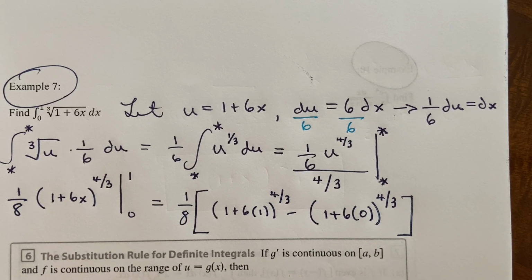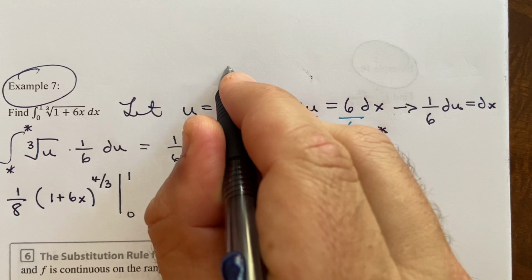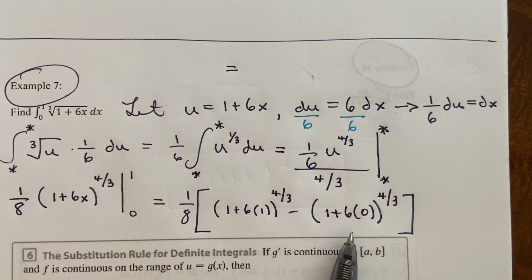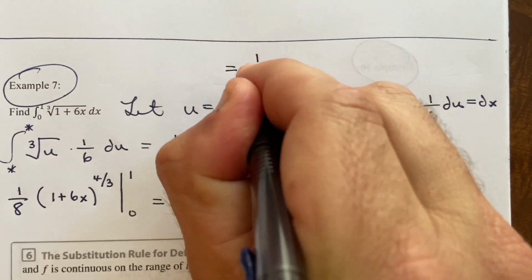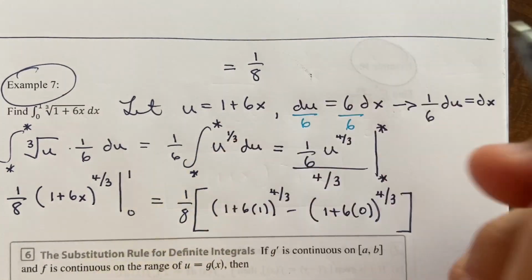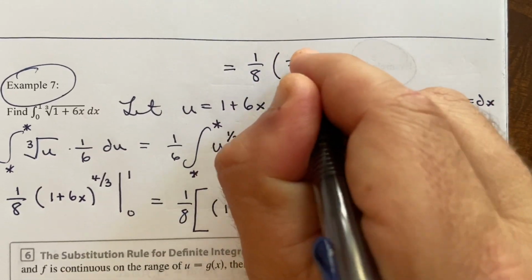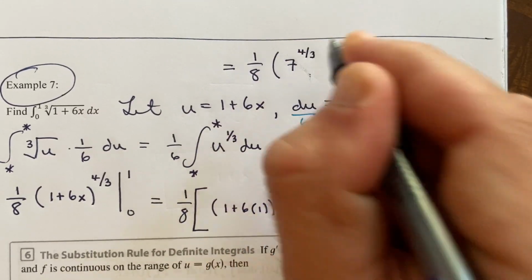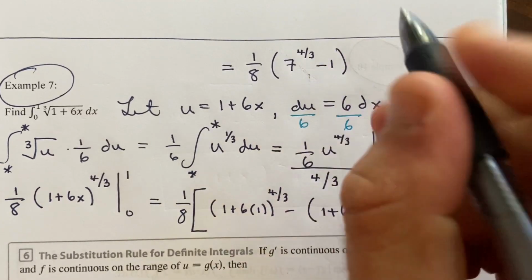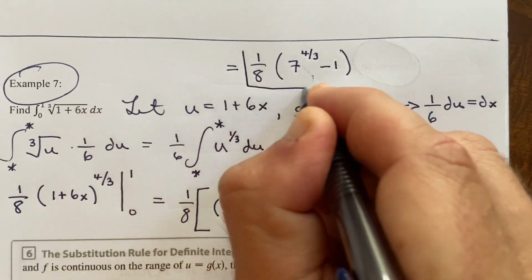So I'll keep this in exact form. Maybe I'll write this up here. So 1/8, this is my 7 to the 4/3. And I would be subtracting 1 over here, right? 1 is the only thing that's left. 1 to the 4/3 is 1.